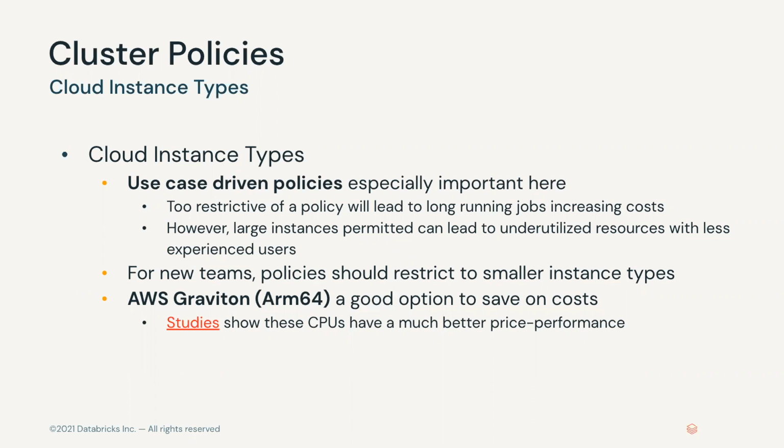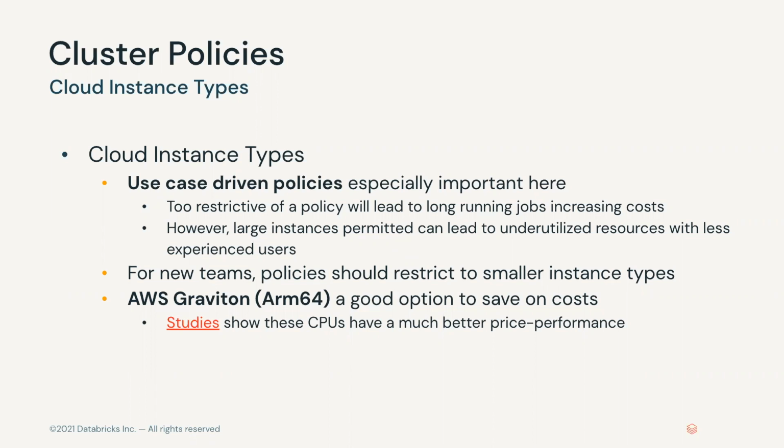And typically when it comes to new teams that are less experienced and probably not running very complex workloads, it's usually better to start out by giving them smaller instance types. As they progress in their knowledge around Databricks and scaling their clusters in the right fashion, that's where it makes sense for them to try out maybe larger instance types, and that's where maybe you give them more flexible instance types with the cluster policy that you create.